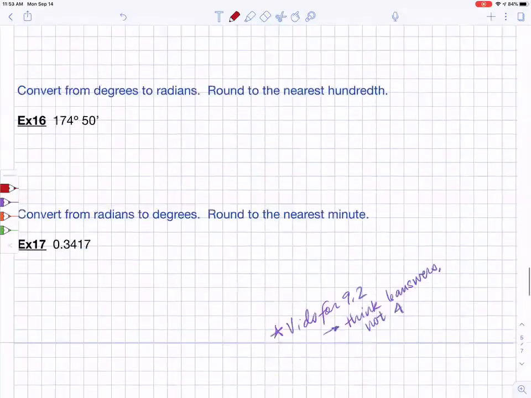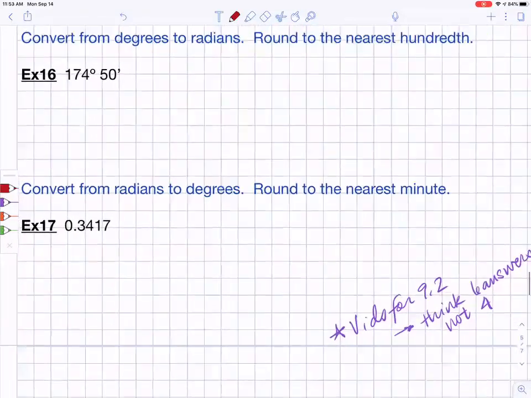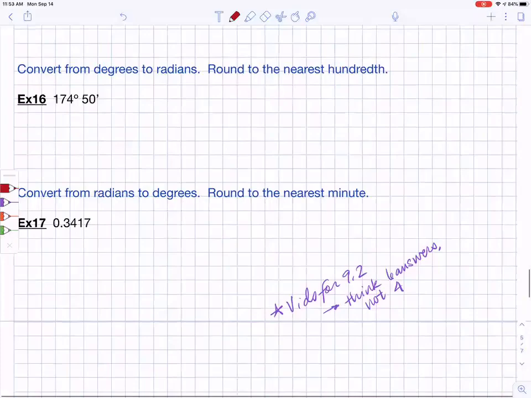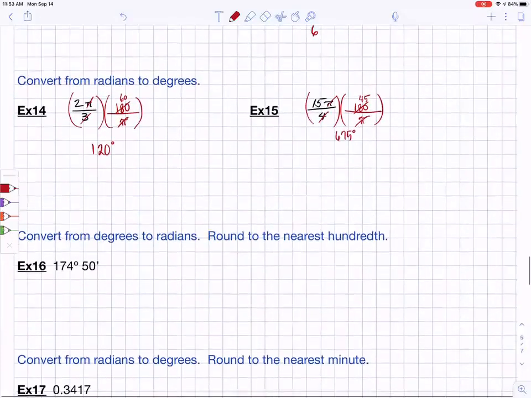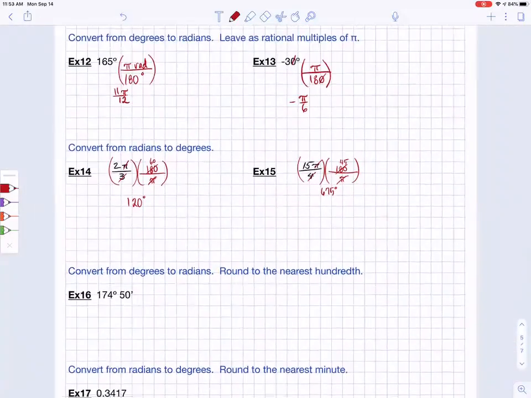Let's look at number 16. Can you tell me, how is number 16 different from numbers 12 and 13? Because both of them are going from degrees to radians, right? Okay, so yeah, number 16 has at least that.